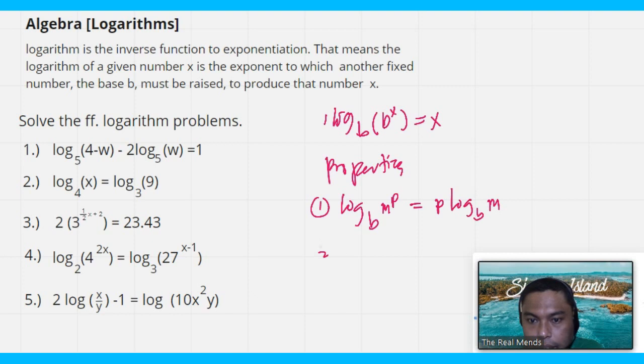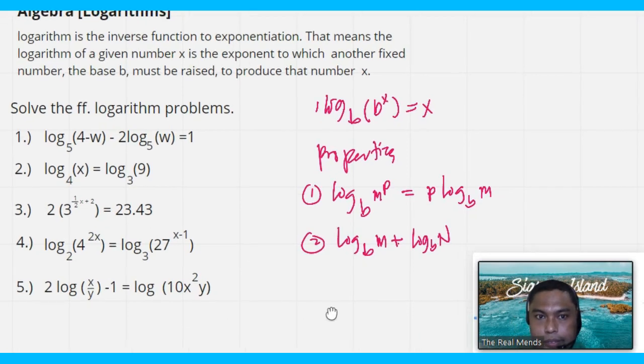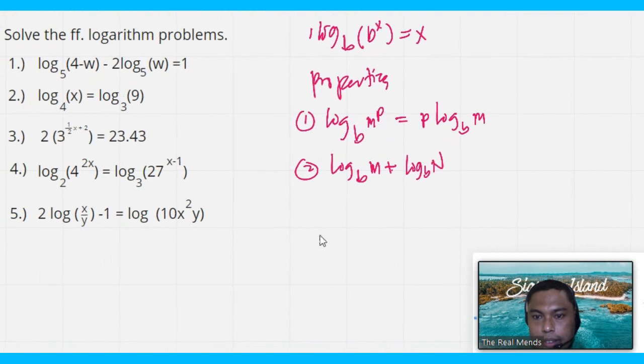And then if we have log base b of m plus log base b of n, this is just equal to log base b of m times n.